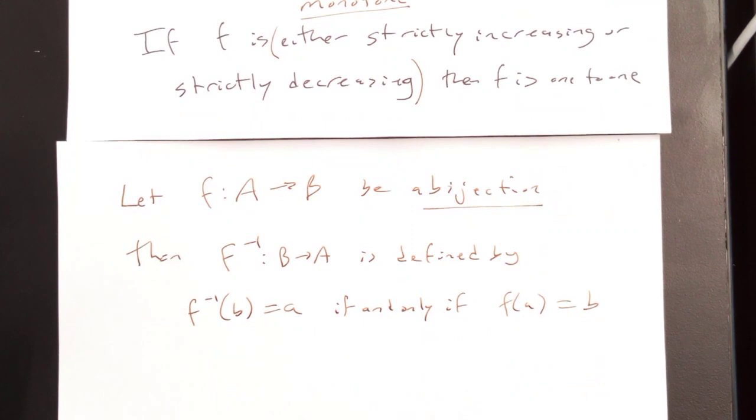Now, the real question: why do I need this to be one-to-one? Why do I need this to be onto? You're going to switch the elements of A and B, and if you didn't have them connected one-to-one, then whenever you switch them, it could be B to A1 or B to A2.